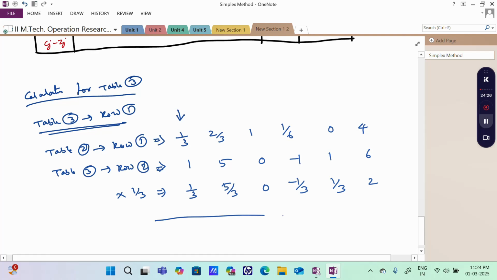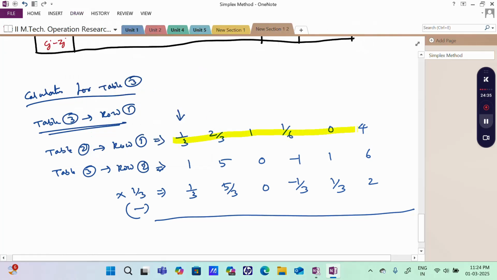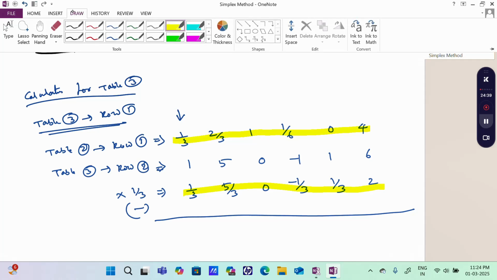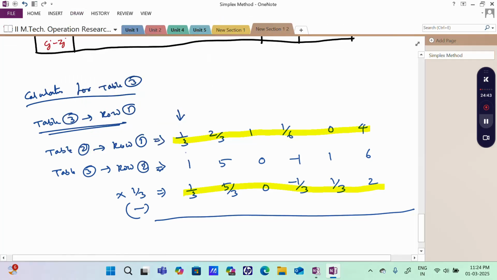Then subtraction. Which equations do we subtract here? This equation and this equation. When I subtract these two equations, the first column value converts into 0. So 0, 2 by 3 minus 5 by 3 minus 3 by 3 is minus 1.